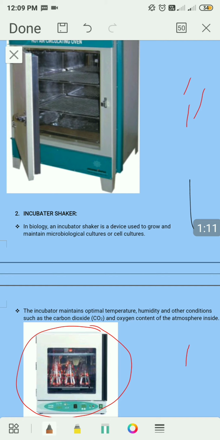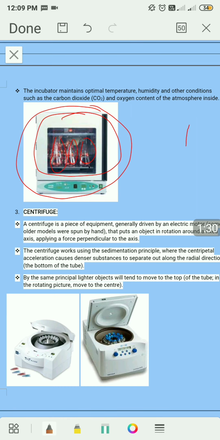In this we place the flask. You can see the flask here. Within this, the optimum temperature, humidity, and all those conditions will be maintained for the cell culture or microbial cultures to grow.